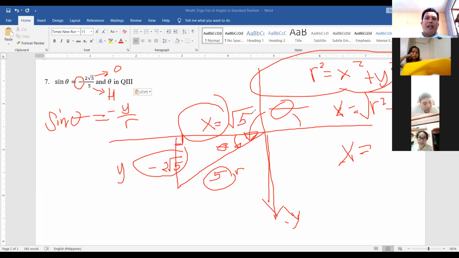And since this value is square root of 5 and it points to the negative x, this is negative square root of 5.